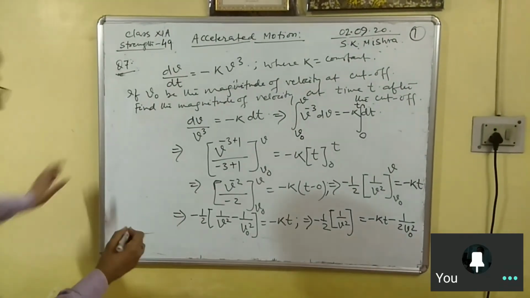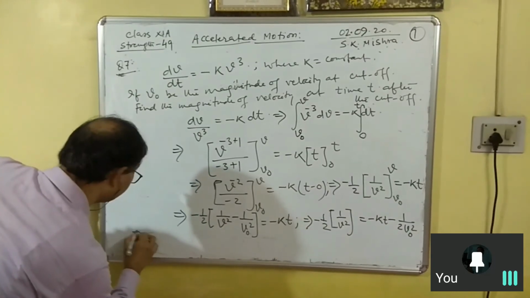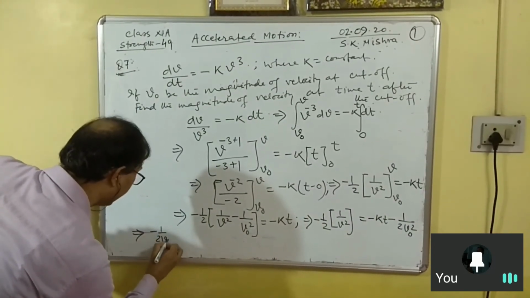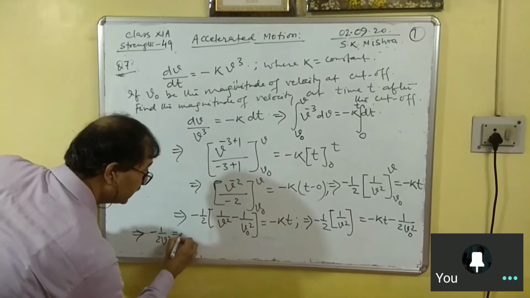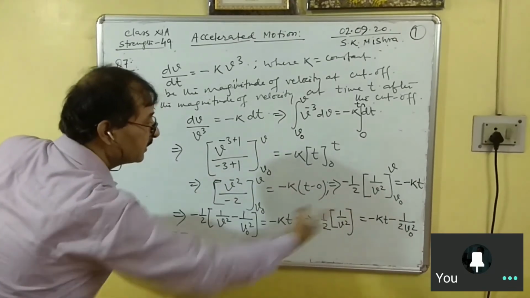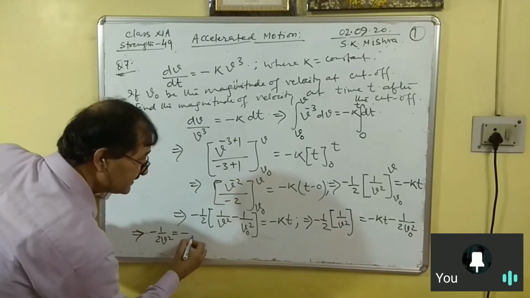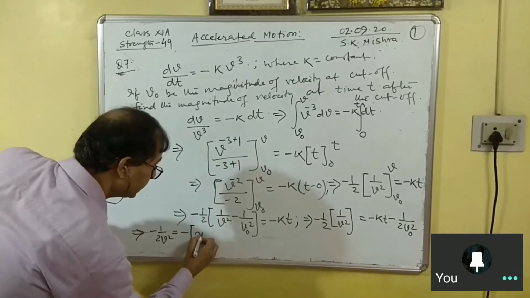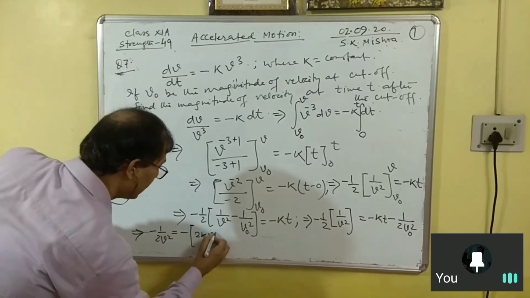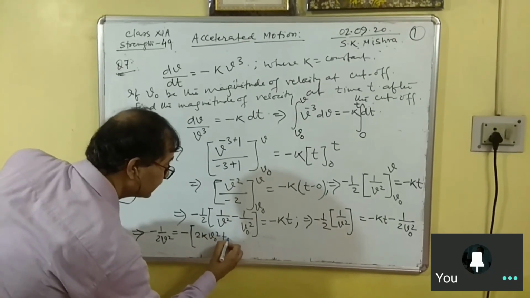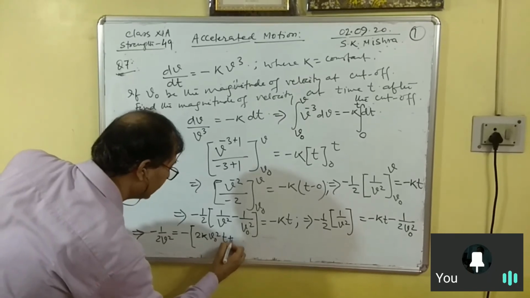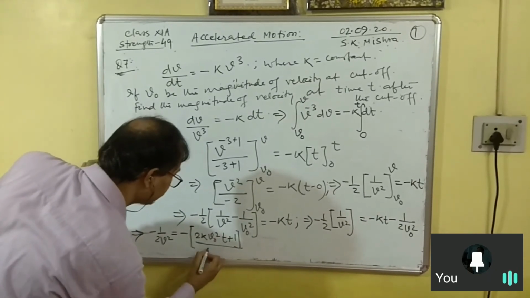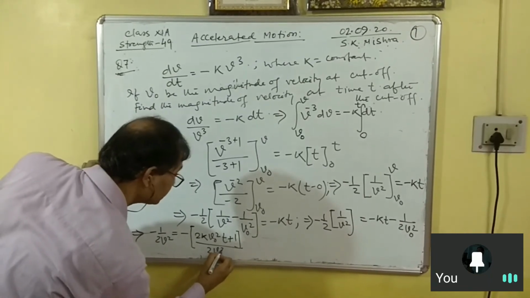Okay. The next term is, I am writing from here. So this is minus 1 by 2 v square is equal to, take minus common, and then LCM also. Take the LCM. This is 2 k v naught square t, then minus, you have taken common, plus 1 divided by 2 v naught square.